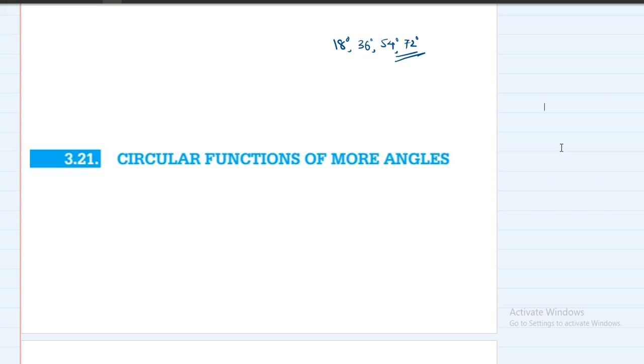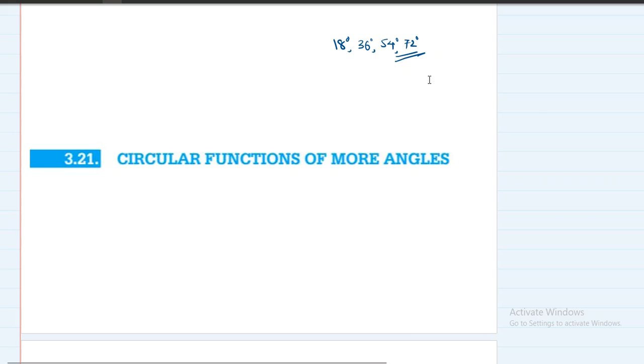So these angles are 18 degrees, 36 degrees, 54 degrees and 72 degrees. So you can find all the trigonometric ratios of these angles as well. And this part is about finding the trigonometric ratios of these angles.